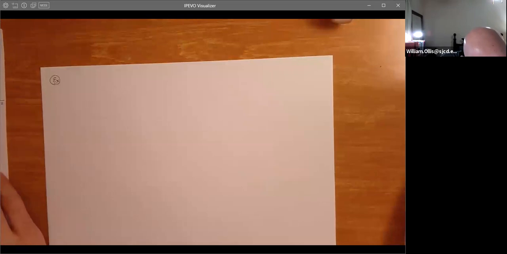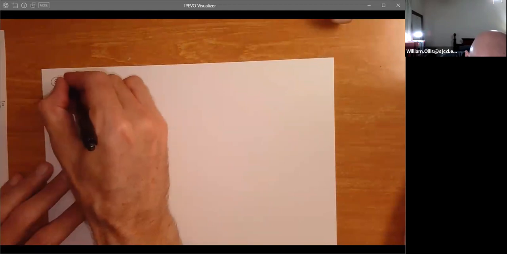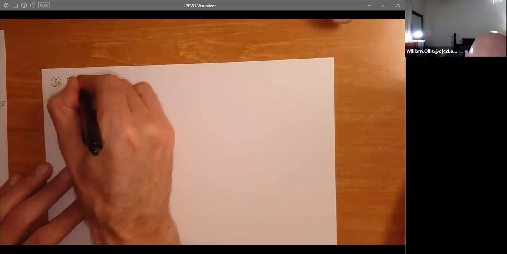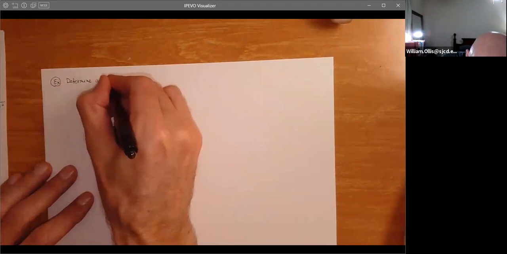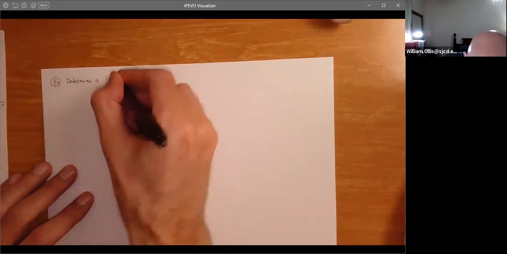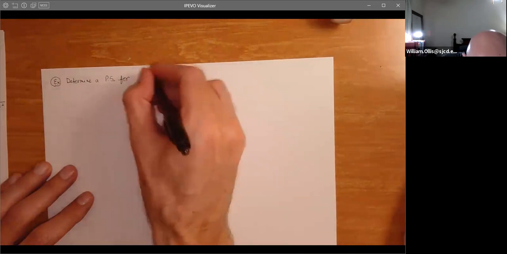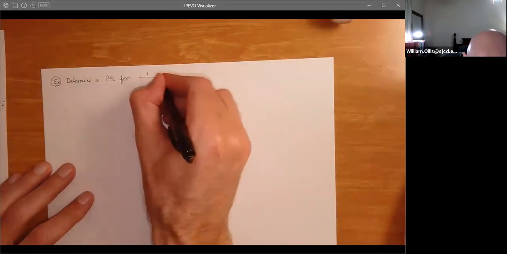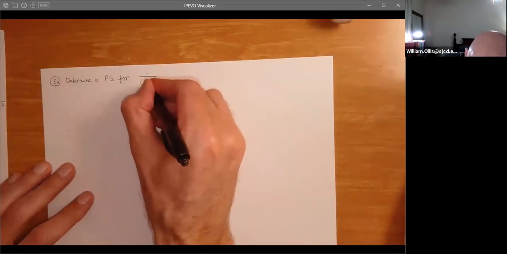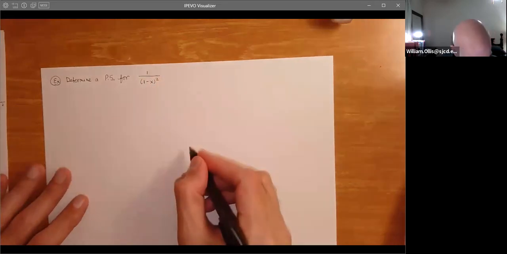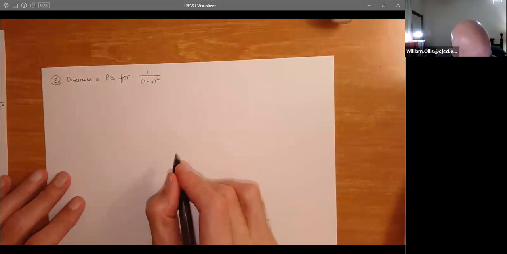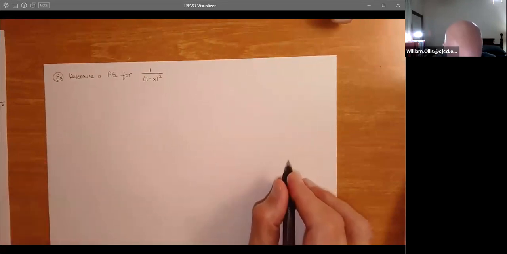Determine a power series for 1 over 1 minus x to the power 2. And then we're going to rig this using cheap tricks because we're lazy.